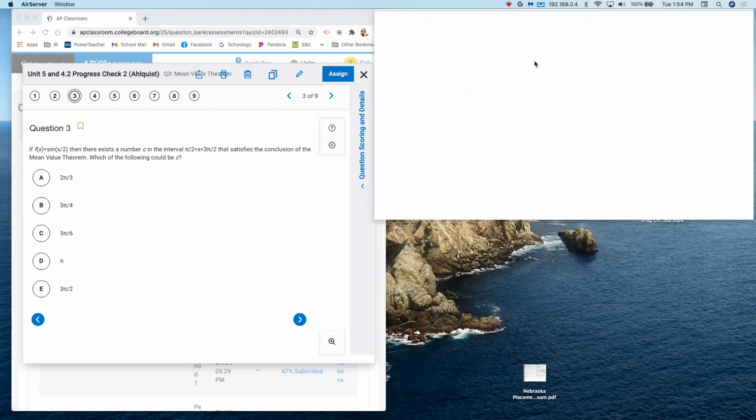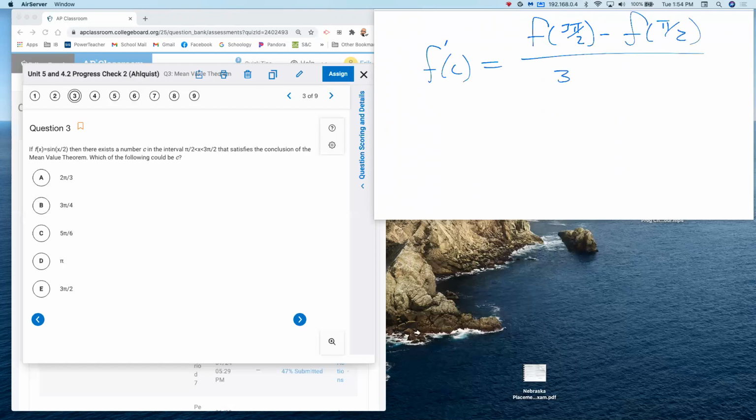If I look at this, the mean value theorem, what I need to figure out is, when is f prime equal to f of 3 pi over 2 minus f of pi over 2, divided by 3 pi over 2 minus pi over 2. That's what I got to figure out. So I gotta kind of do the work that involves there.